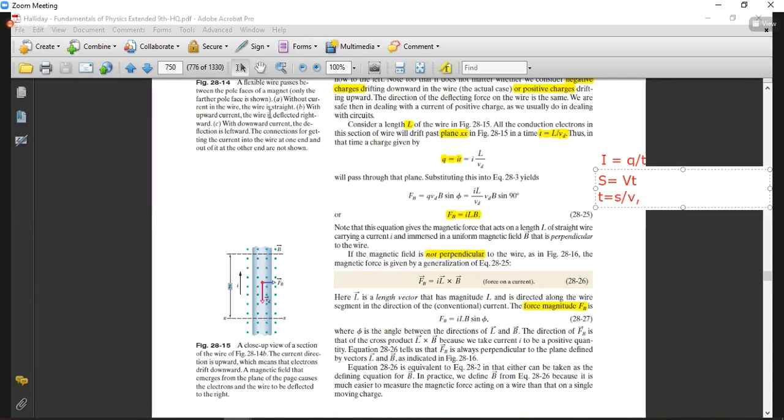When electrons move within the material, they have the drift velocity, so we will write it as L over Vd.